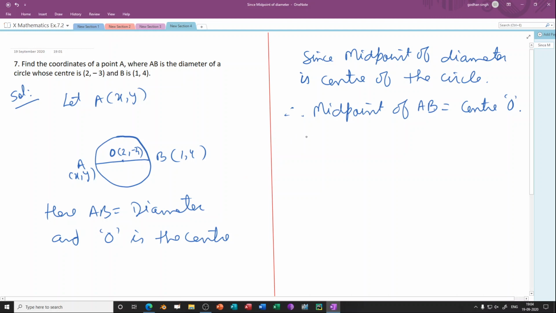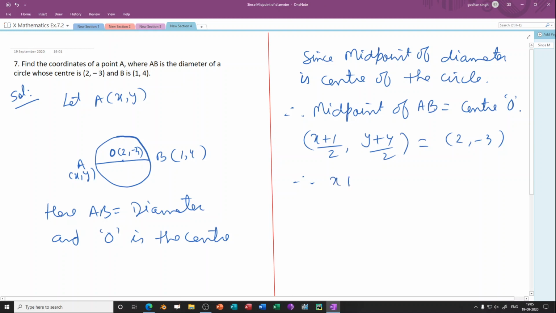Now let us apply the midpoint formula. We get (x1 plus x2) by 2, that is (x plus 1) by 2, and (y plus 4) by 2 equal to the center. This is the center, not the origin. What are the coordinates of center O? (2, -3). Therefore, we compare the x coordinate with x and the y coordinate with y.